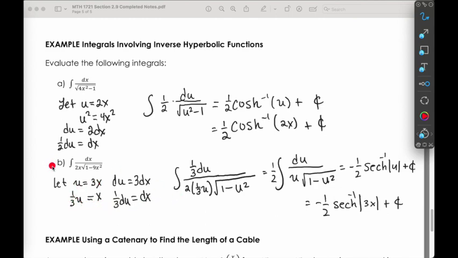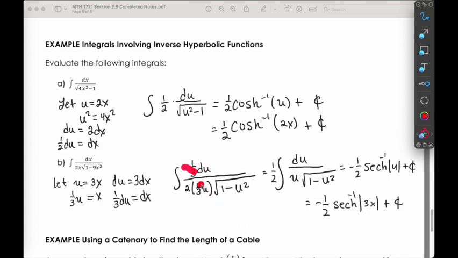So I started doing my substitution. I have 2 times x here, and since x is 1/3 u, I put that here. I'm replacing dx. When I use this here and divide both sides by 3, I get that dx is 1/3 du. So I have 1/3 du up here.